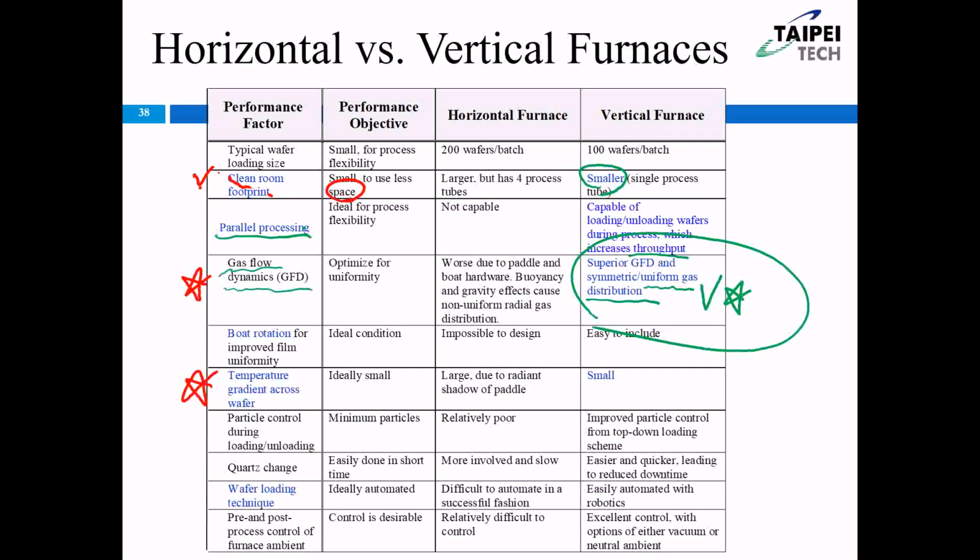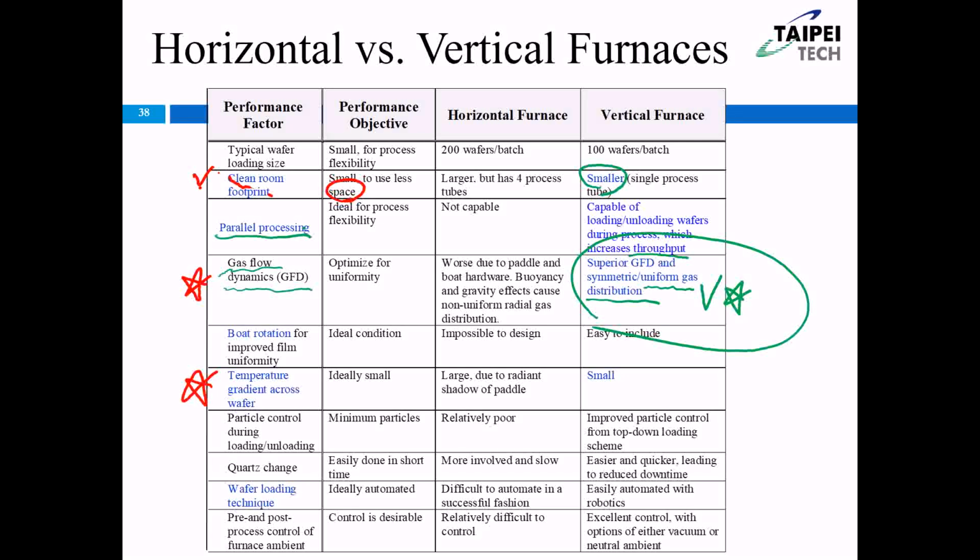The most important one for the vertical furnace is the gas flow dynamic. 气体动力学, gas flow dynamic is better for the vertical furnace. It means the gas flow is more uniform. We can have uniform gas distribution through each silicon wafer.